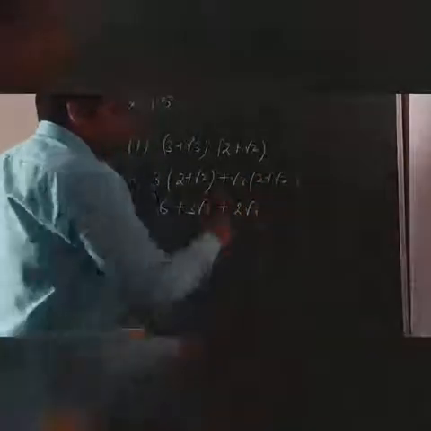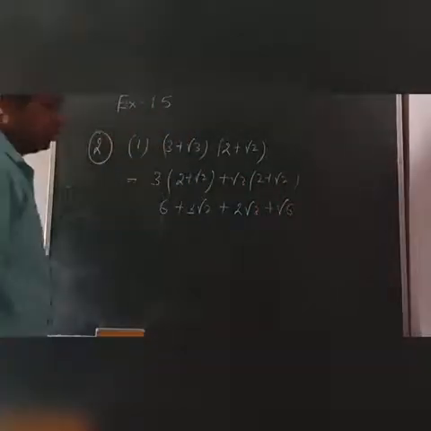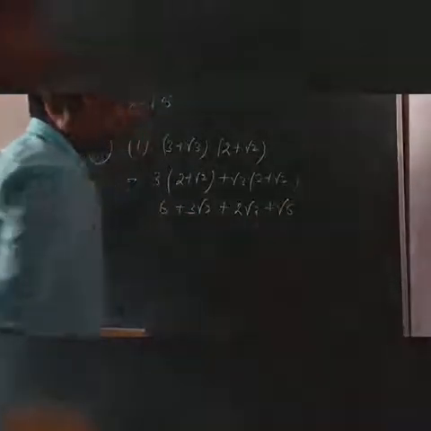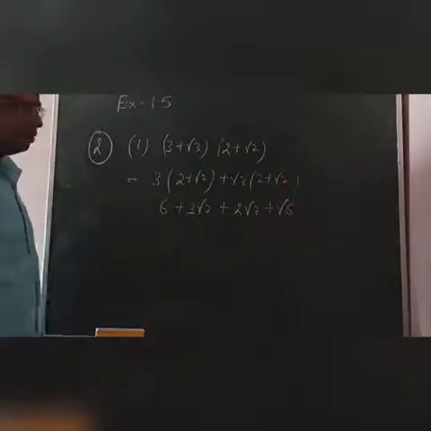Rational into irrational gives 3 under root 2. Under root 3 into 2 gives 2 under root 3. And under root 3 into under root 2 gives under root 6. So I am getting 6 plus 3 under root 2 plus 2 under root 3 plus under root 6. This is the answer.